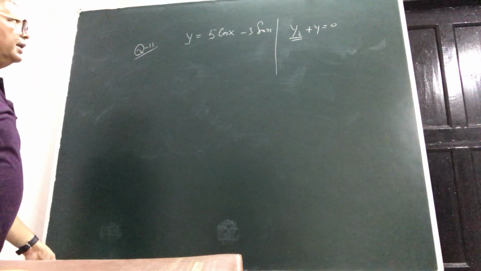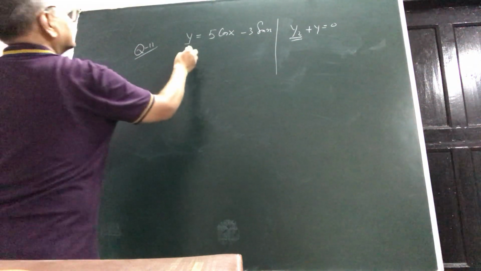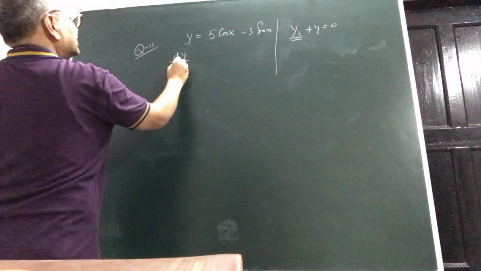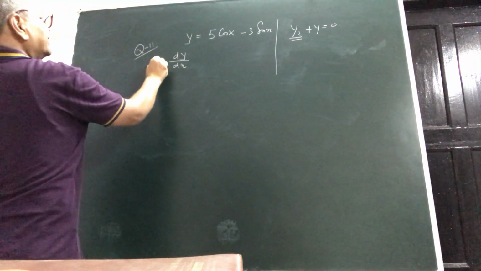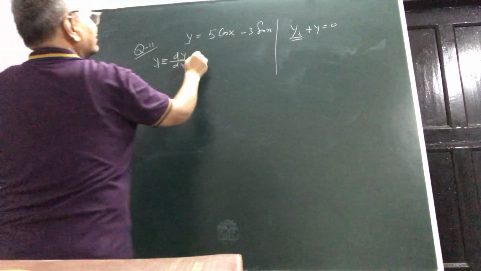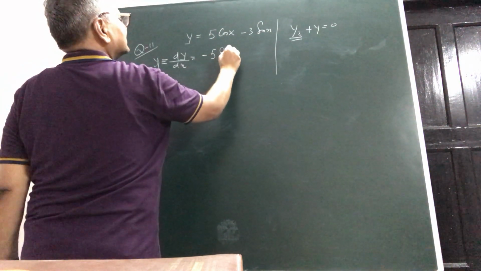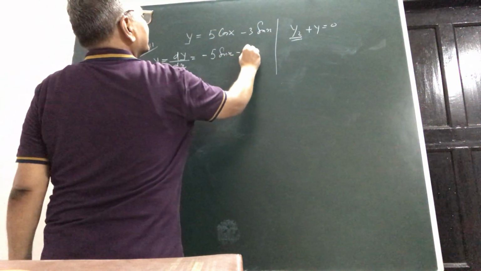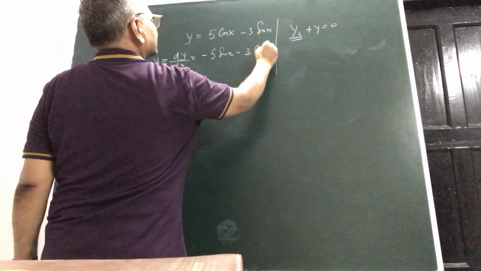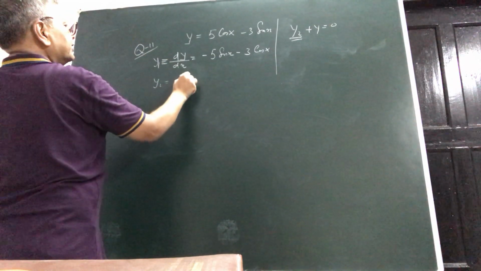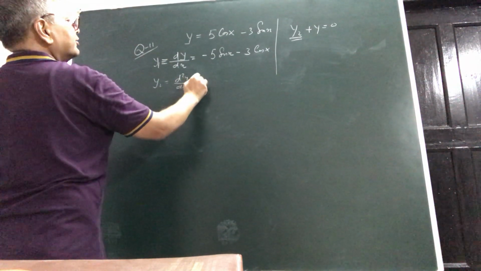Okay, so let us differentiate this thing. It will be simple. So dy by dx, or you can equivalently write it y1. So y1 will be what? Minus 5 sin x, and minus 3 sin x gives minus 3 cos x. Then second derivative y2, that is d2y upon dx square, what will it be?